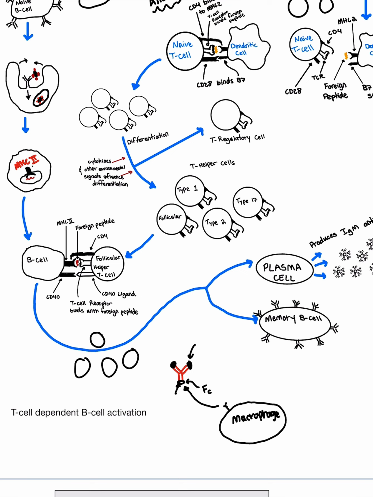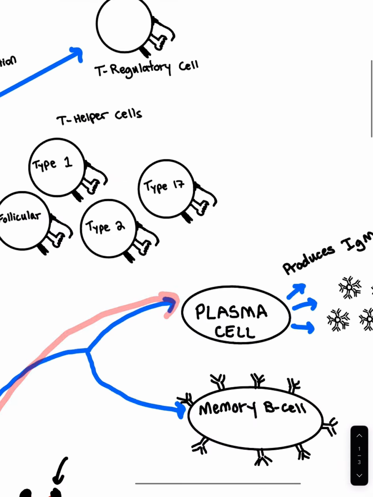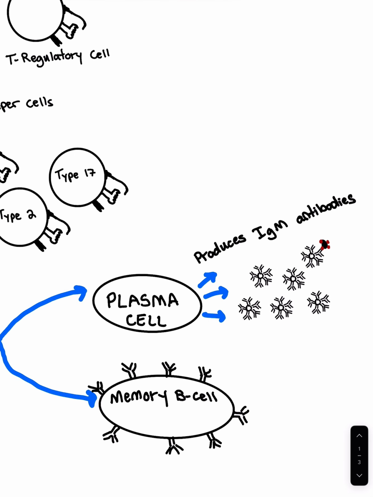And then each one of those copies is differentiating or turning into a plasma cell that has the ability of producing a bunch of antibodies within the cell and then releasing them into a space that's outside of the cell, typically interstitial space or circulation. And there's different kinds of antibodies.